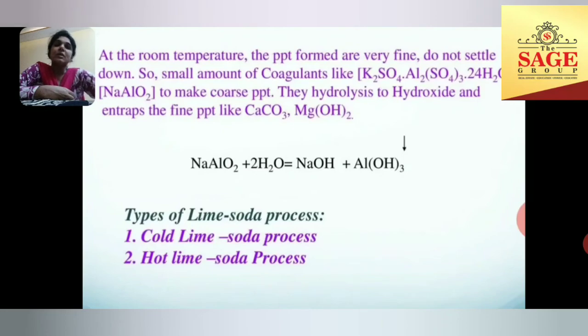So this is the work of a coagulant, that it makes the precipitates heavier so that they can easily settle down. So this was a very short introduction to the lime soda process. Now we have two types of lime soda process: one is the cold lime soda process, another is the hot lime soda process. In our next class we will be studying both of these methods in detail.